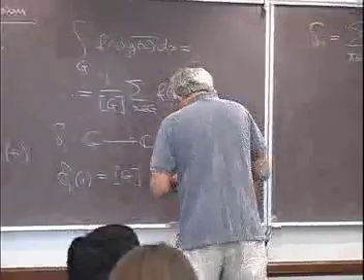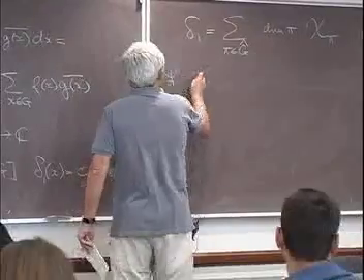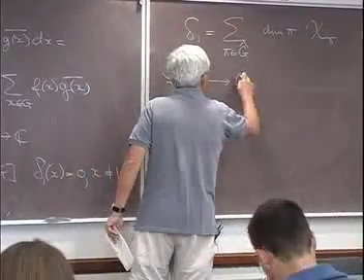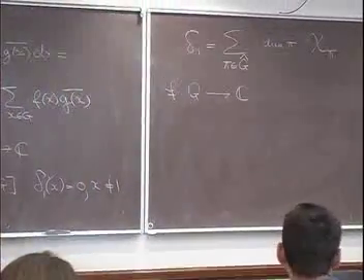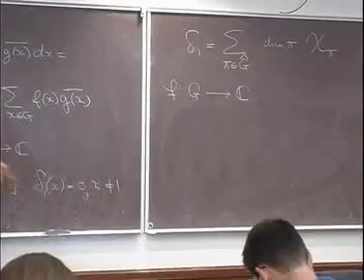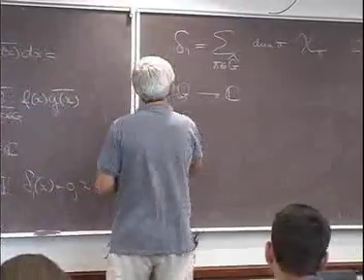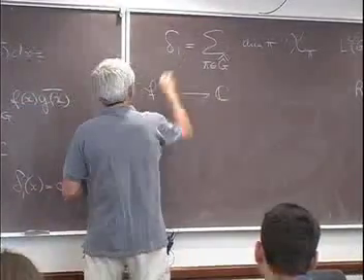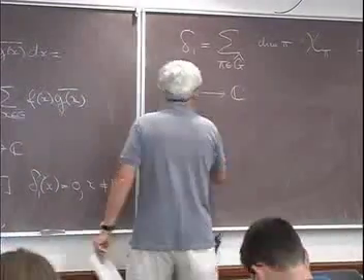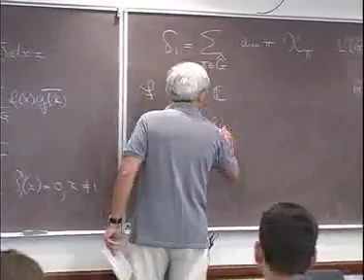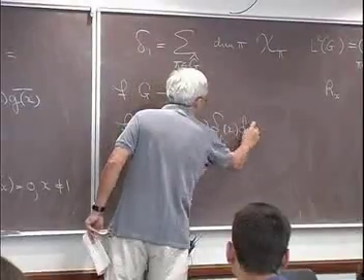And now I want to fiddle around with this. Let me take an arbitrary function f on the group, and I want to multiply f with delta 1 and integrate. What do I get when I integrate this? I get f at 1. This is the integral over G of f of x delta 1 of x dx.